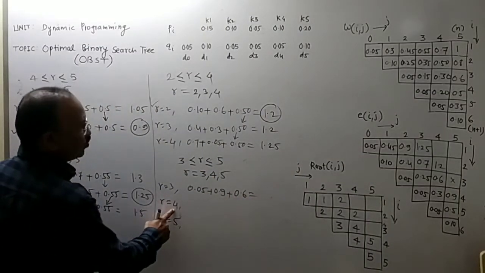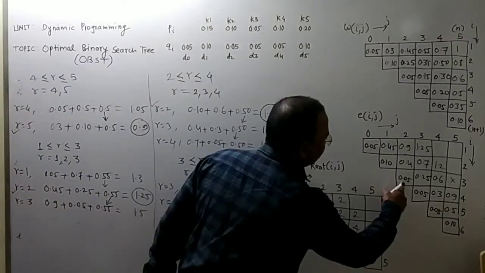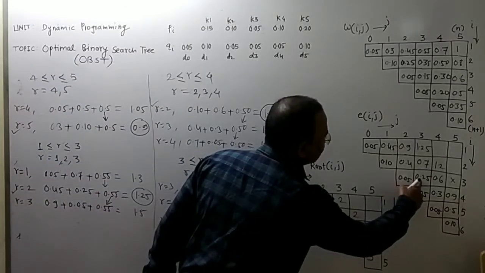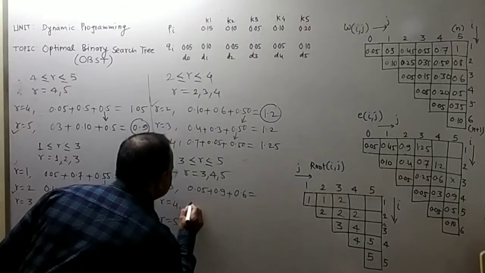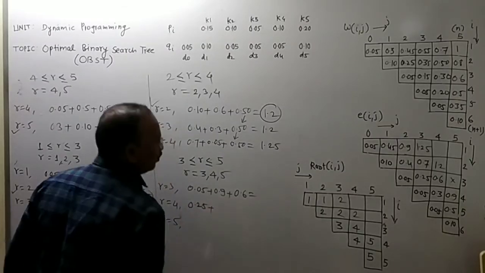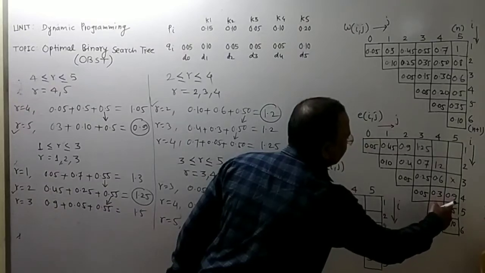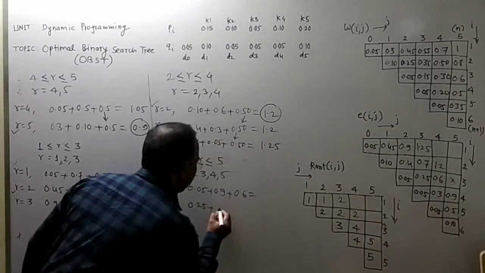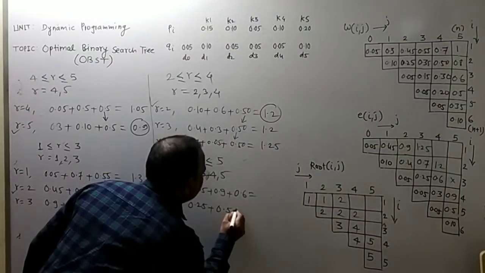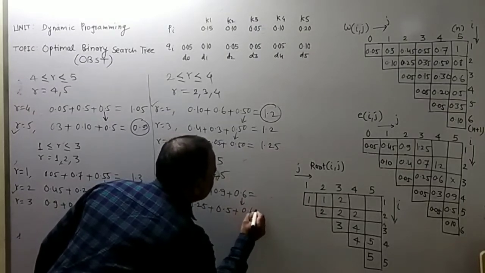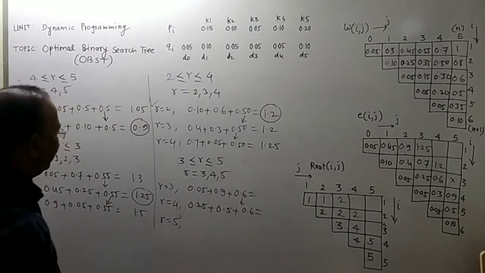Then for R is equal to 4, already we have considered this value. Now consider 0.25 plus, already we have considered this value for previous R. Now consider 0.5 plus 0.6 is equal to.